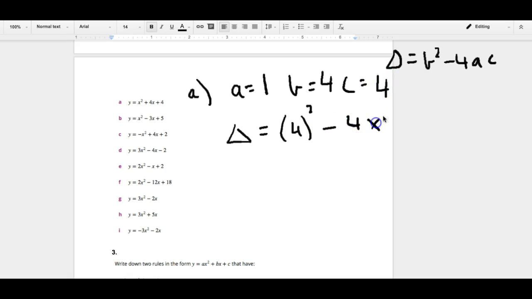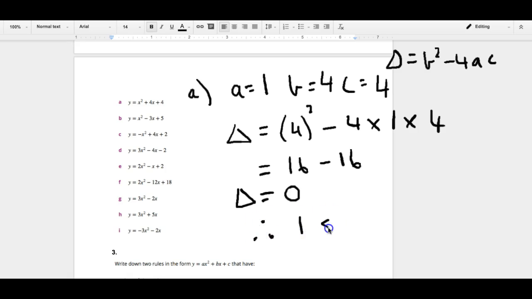So 4 squared minus 4 times 1 times 4. 4 squared is 16, 4 times 1 times 4 is 16, so therefore it's 0. Your discriminant is equal to 0, therefore we have one solution.